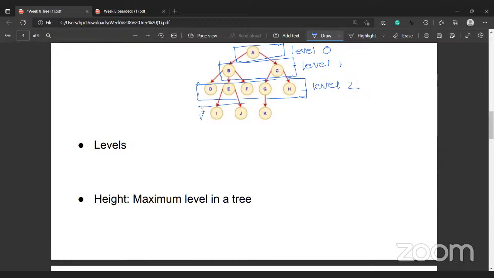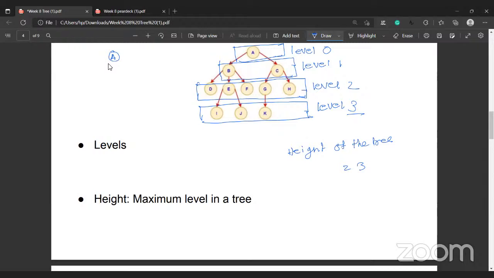And their children are said to be level 3. Then the height. The maximum level in a tree is called the height of the tree. So what will be the height of this tree? Maximum level is 3, right? So the height of the tree is 3.